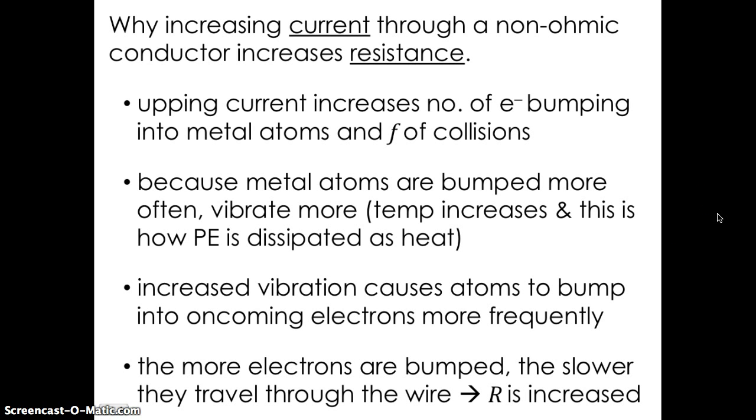And in fact, this explains why the temperature increases, and this is how the electrical potential energy is dissipated by conductors as heat. So if they're vibrating more because they're getting bumped more, well, that causes those atoms, when they're vibrating back and forth more, to start bumping into oncoming electrons more frequently, right?